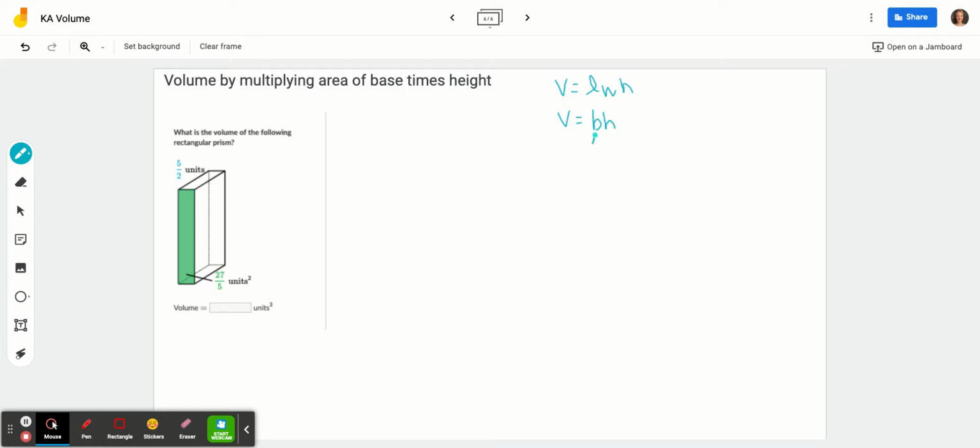And when you use base times height, what they've already done is they've already multiplied the length times the width together. So it's actually a little bit faster and it's a little bit easier.